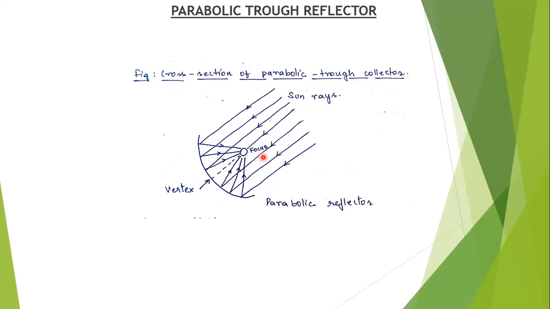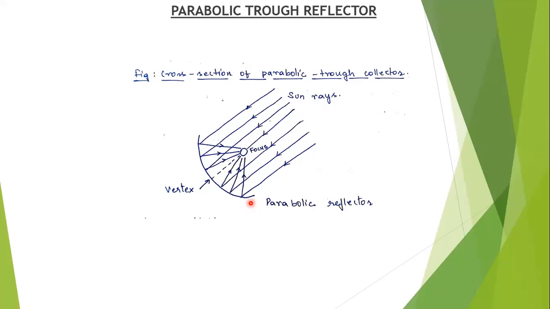The absorber or collector pipe will be located on the back side, at the focus. It should turn continuously about its long axis. As the parabolic reflector turns, the absorber pipe also should turn along its long axis to maintain the required orientation.